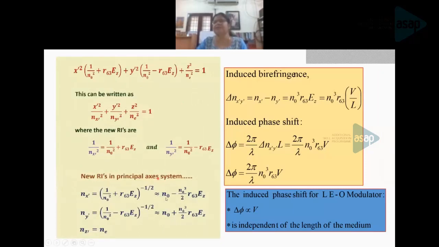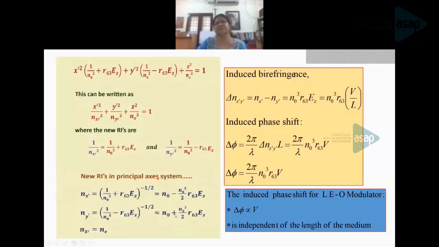Now this equation becomes n0 minus n0 cube by 2 r63 Ez. This is the change in refractive index along x prime direction, and along y prime direction there are the same terms, but there is only a small change in the direction, meaning the sign. Okay, so these are the new refractive indices for the medium now because of the presence of electric field.